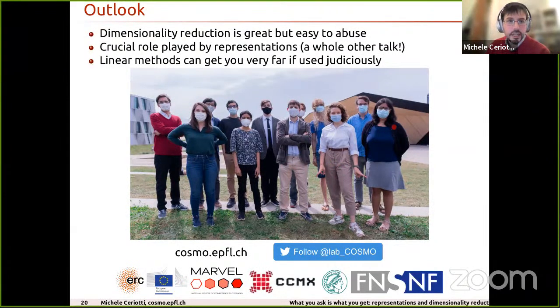And so, to summarize the core messages of my presentation: I've been doing dimensional reduction for quite some time, and it's a great tool to look at the output of your simulations, but it's very easy to abuse it and to read too much into the outcome, particularly of nonlinear dimensionality reduction techniques.